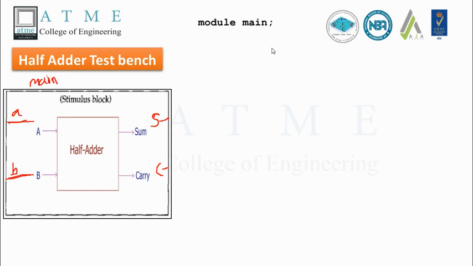Essentially, the test bench should not consist of any ports, since it is not synthesizable. And then, as I told, we require two variables of wire type which are supposed to connect to the outputs.